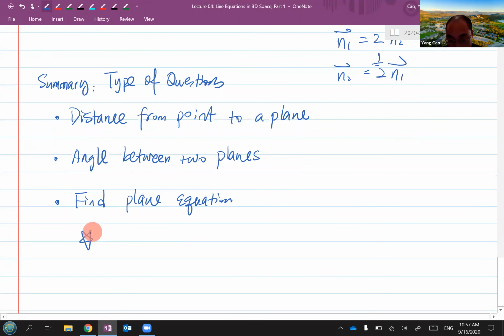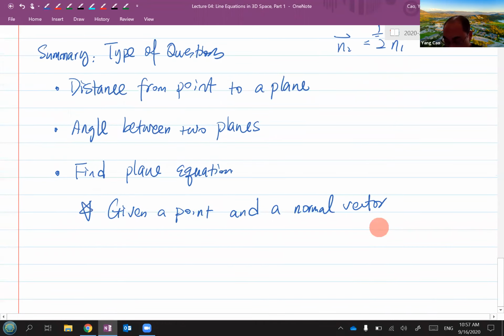The simplest question is, given a point and a normal vector, find the plane equation. All you need to do is substitute the coordinates of the point and the normal vector into the plane equation, and you get your plane equation.